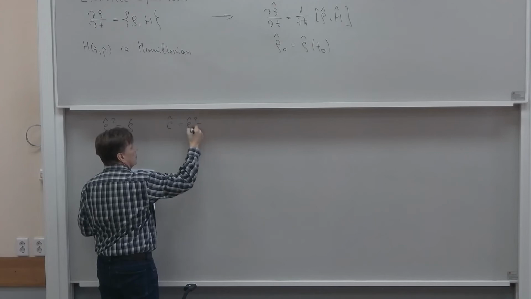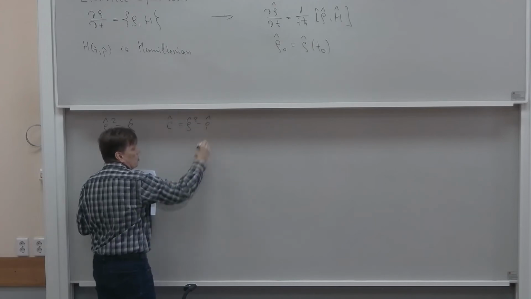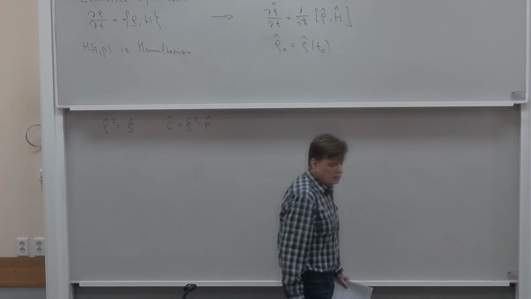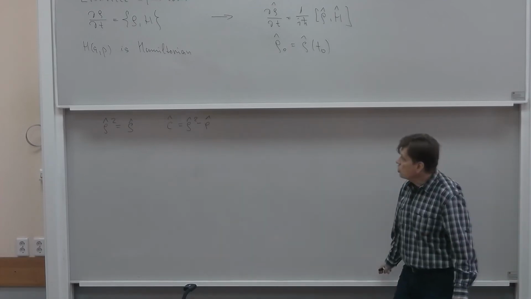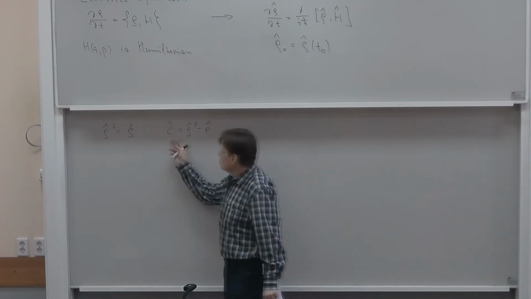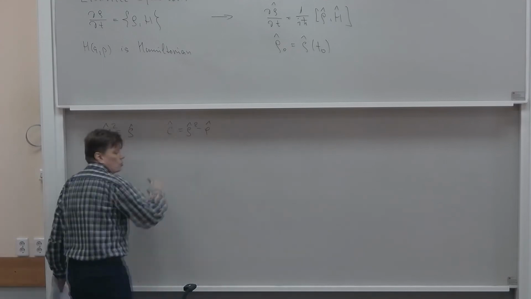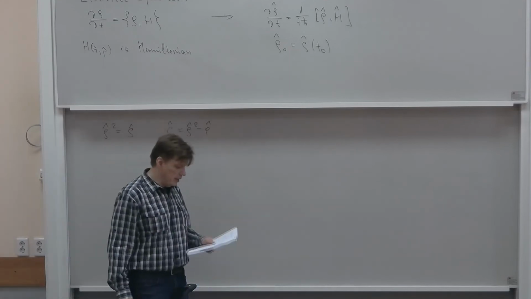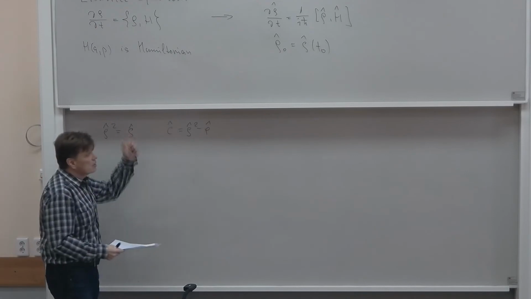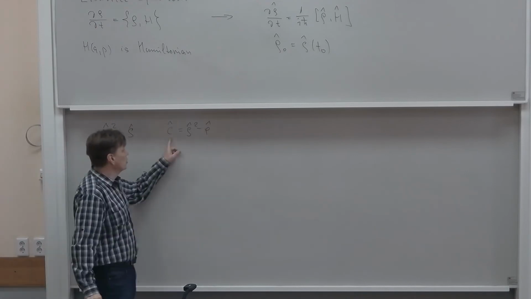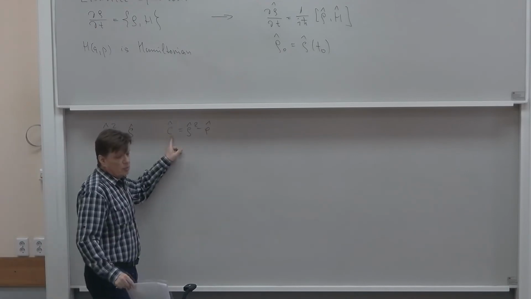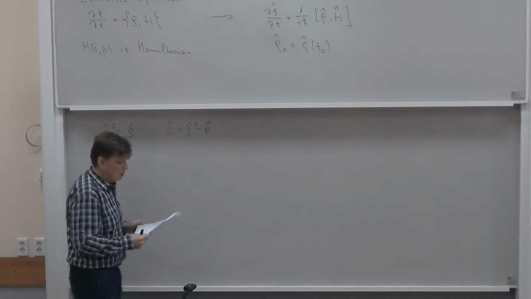given by the difference rho squared minus rho. So this operator measures the deviation of the operator rho from describing a pure state. And using this trick, let us compute the time derivative of this operator C using the von Neumann equation.